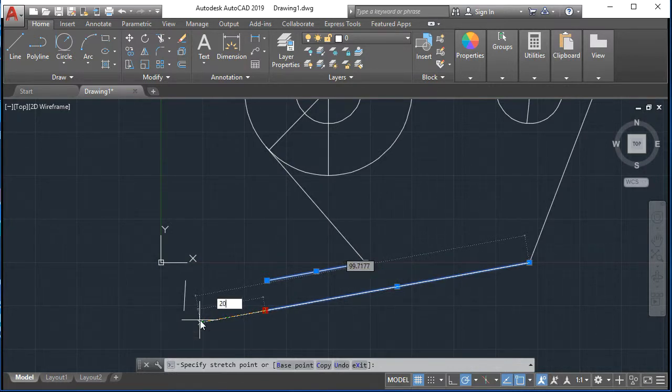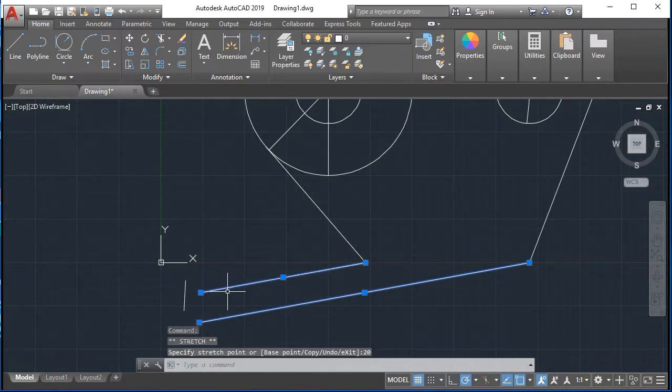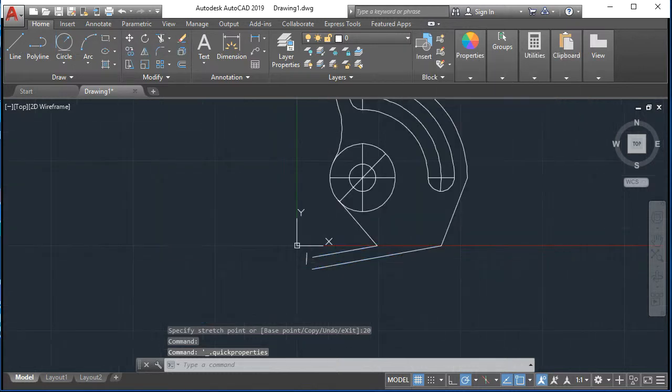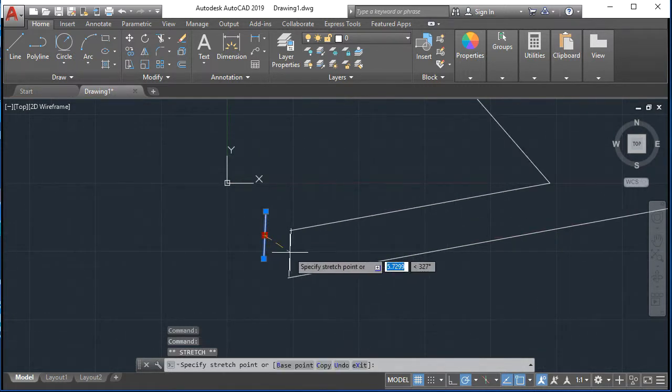I am extending this 20 and this line also extending 20. Now this line to here.